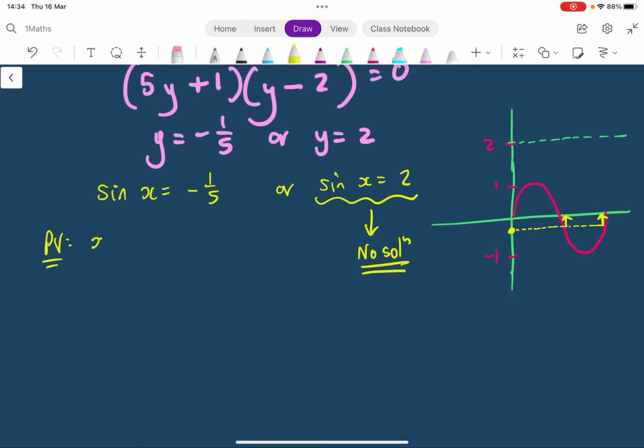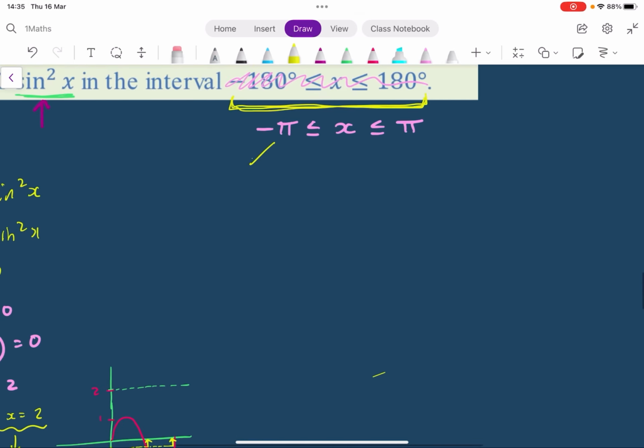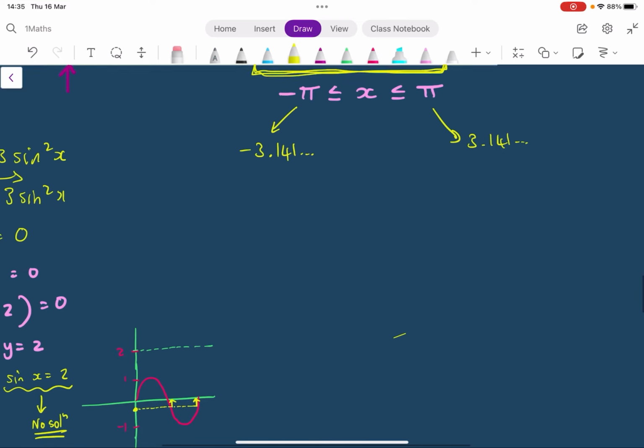And then x is equal to sine to the minus 1 of negative a fifth, and that gives me negative 0.201... Useful to think about this in terms of decimals. That's minus 3.141, and that's positive 3.141. I want to find all my solutions in between there.